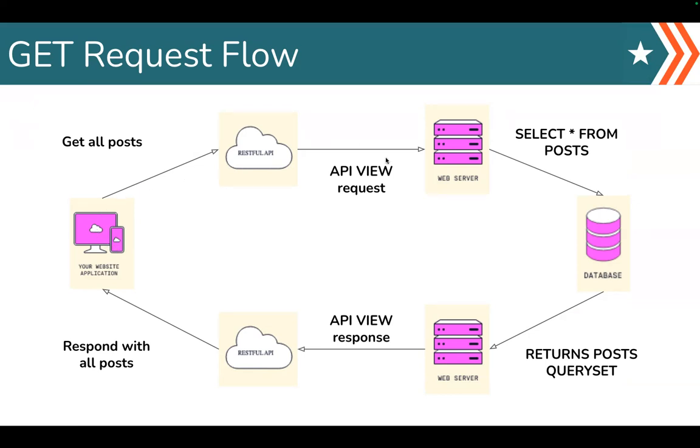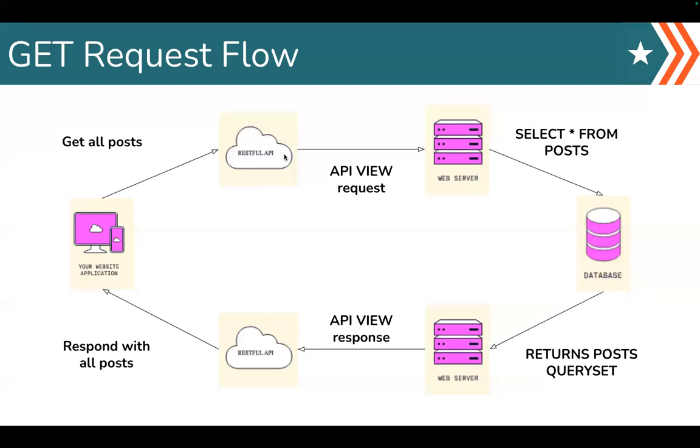So here we have the cycle, all right? Here's your front end application that you build with React. You send a request for characters to the Rick and Morty API. So here we have get all characters. Great, that's my JavaScript function. It goes over to the Rick and Morty API, to their web address. That gets accepted by whatever virtual machine is running on that location of the internet.